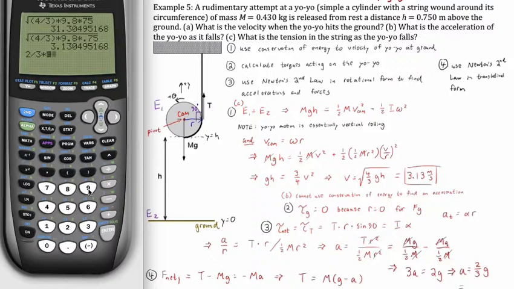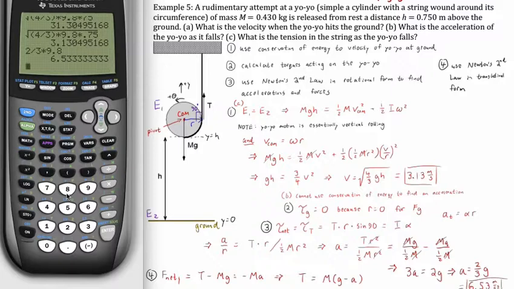Times 9.8. All right, 6.53. So 6.53 meters per second squared is the translational acceleration of our block. No, not our block, our yo-yo.